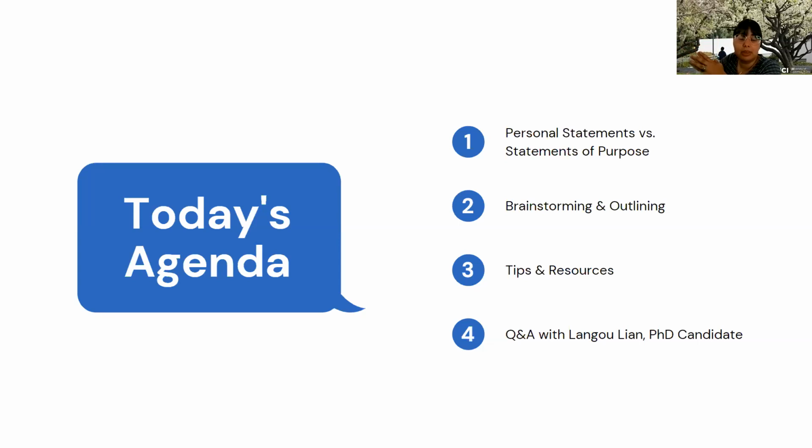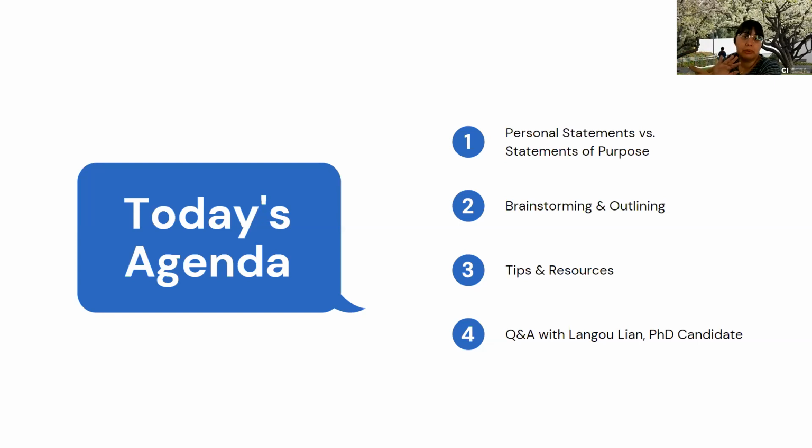And you may already know that to apply to graduate programs of your choice, you'll not only have to submit a transcript, standardized test scores like the GRE, for example, and recommendation letters, but also a personal statement and or a statement of purpose. Now, both statements essentially serve the same overarching purpose. It's really to communicate to the admissions committee that you're a good fit and will be successful in the program to which you are applying.